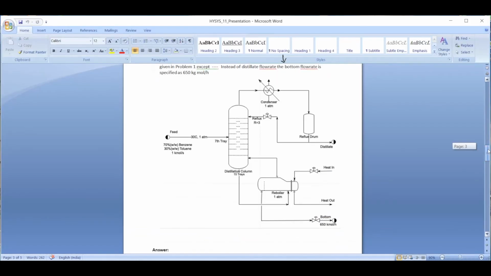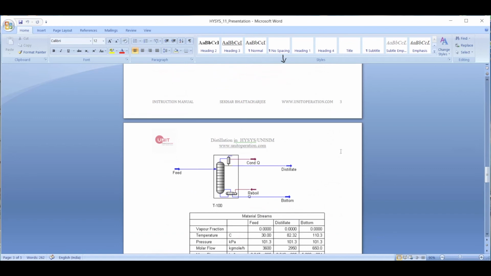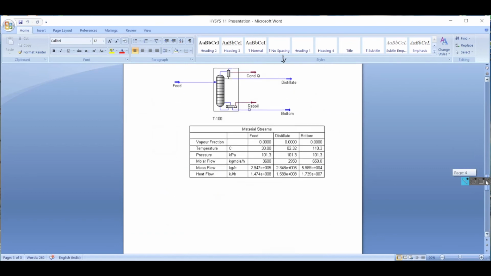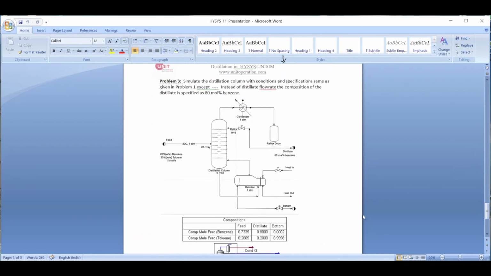In the next problem, problem number 3, I have given all the details in our manual. Problem 3 is a little different. We are going to simulate the distillation column with the conditions and specifications same as problem 1.